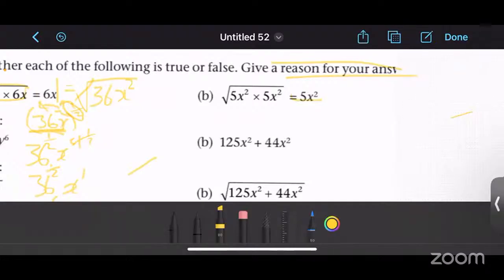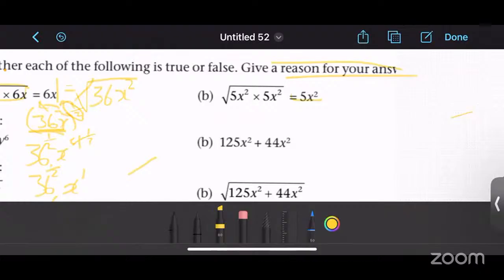Ma'am, it's false, ma'am. False, and why? Ma'am, because 5 times 5 is 25, and when putting that in, the answer you get is 5.